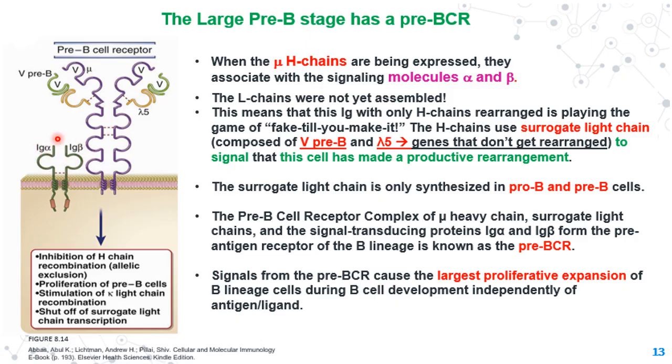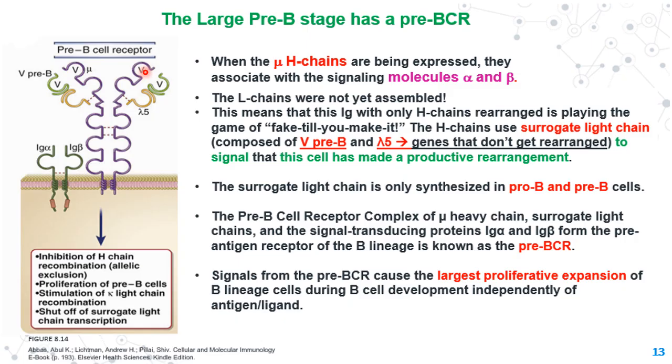Now, once you start making Ig alpha and Ig beta, you don't stop making them. So the B cell is going to start expressing them, and it's going to keep on expressing them until the rest of its life. Okay, it expresses them forever. Right? So when you look at this whole complex of proteins here, this is what you call your pre-B cell receptor. Okay?